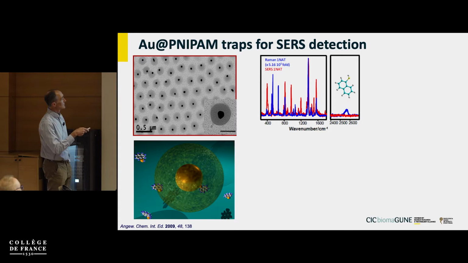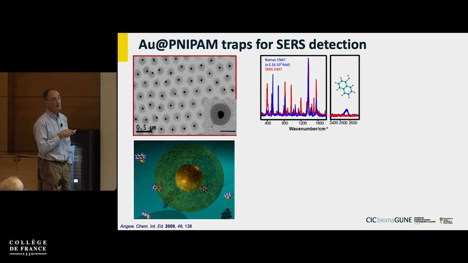So first of all, demonstration that we can use these particles to measure this molecule. So this is a comparison of the Raman spectrum in blue of the pure molecule, and in red we have the surface enhanced Raman signal in the presence of these particles at low temperature, meaning that the molecules can freely diffuse through the big pores and attach on the core through this thiol group here.